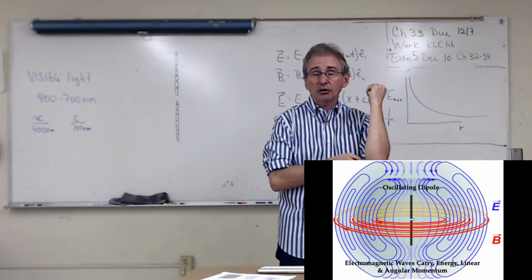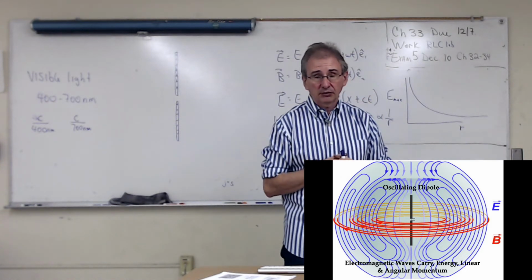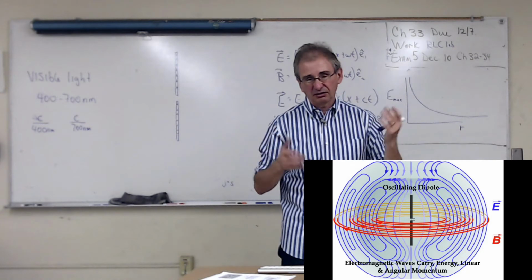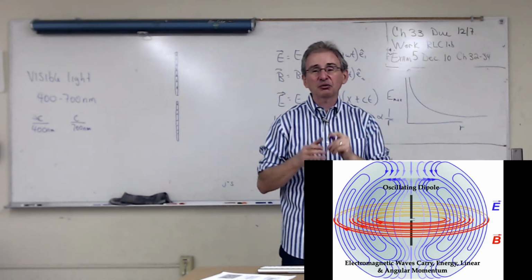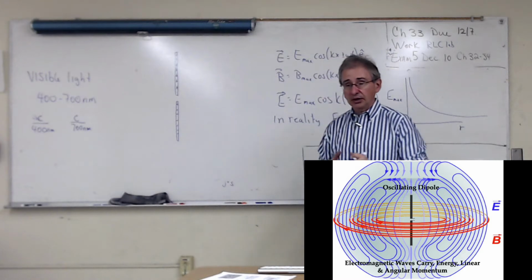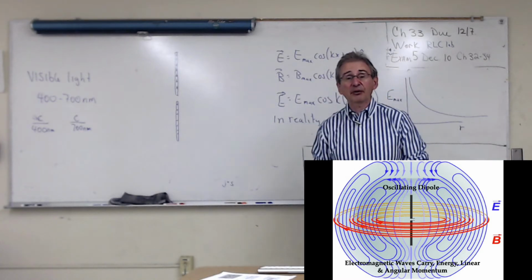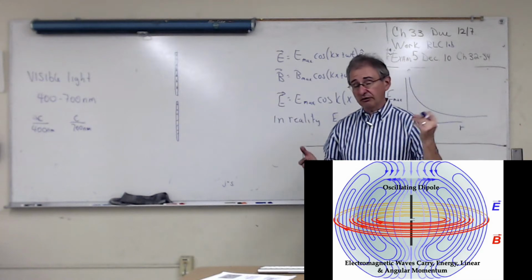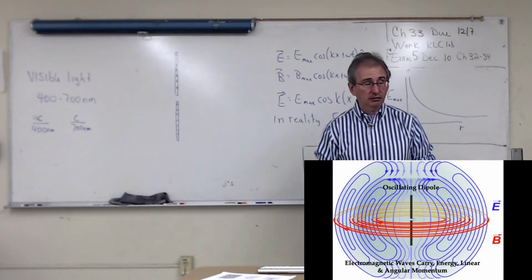When you're really close to the source, let's say 2 to 10 wavelengths from the source, the electric and magnetic fields are very complicated. And in fact, they generally fall off as 1 over r squared.